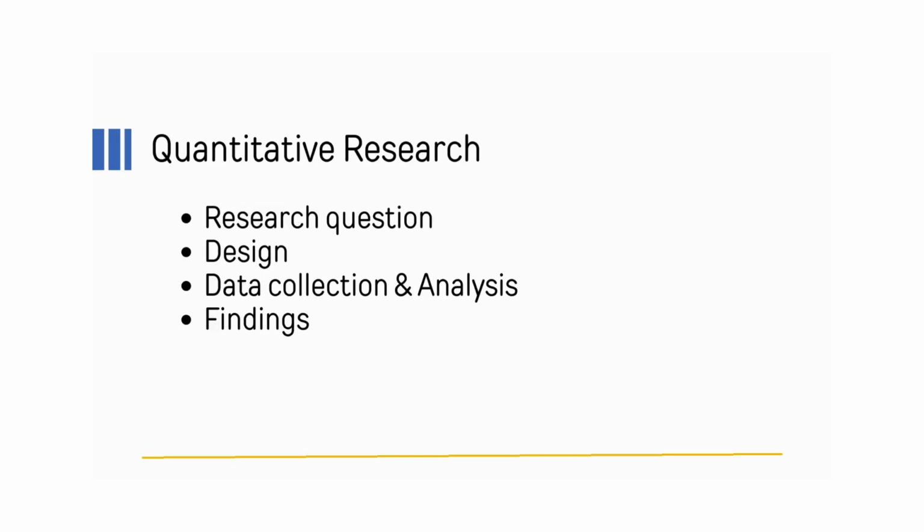When we're talking about quantitative research as well, I think it's important that we think about some of the steps that are involved when you're doing quantitative research. Like any other research, your research question has to be something that's feasible, that's doable. And I've done a video as well where I talk about how to formulate a good research question.